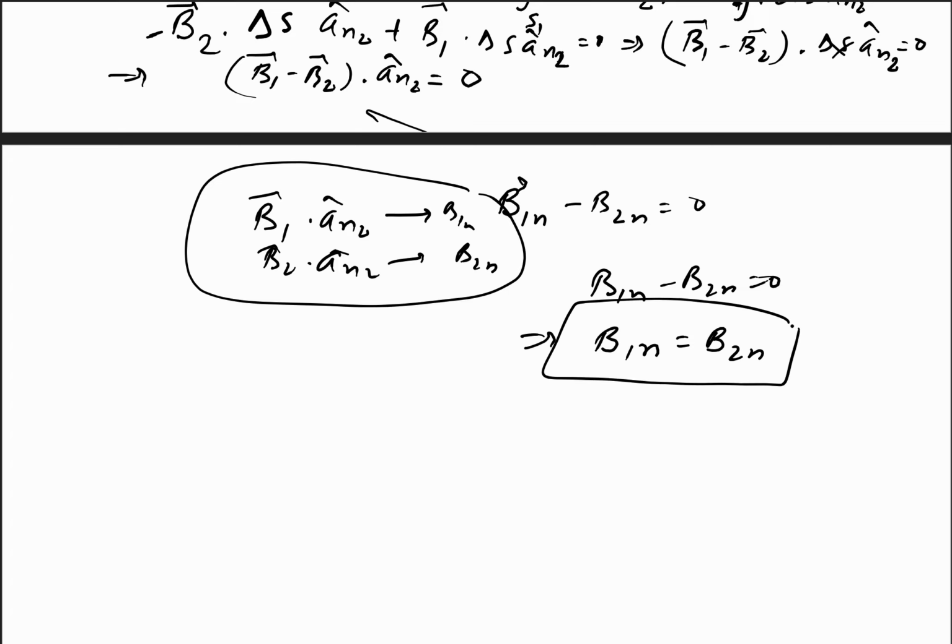That is, it does not suffer any discontinuity on the interface. So this is one of the important boundary conditions for magnetostatics, because we know that the normal component of the magnetic field is not going to suffer any discontinuity.